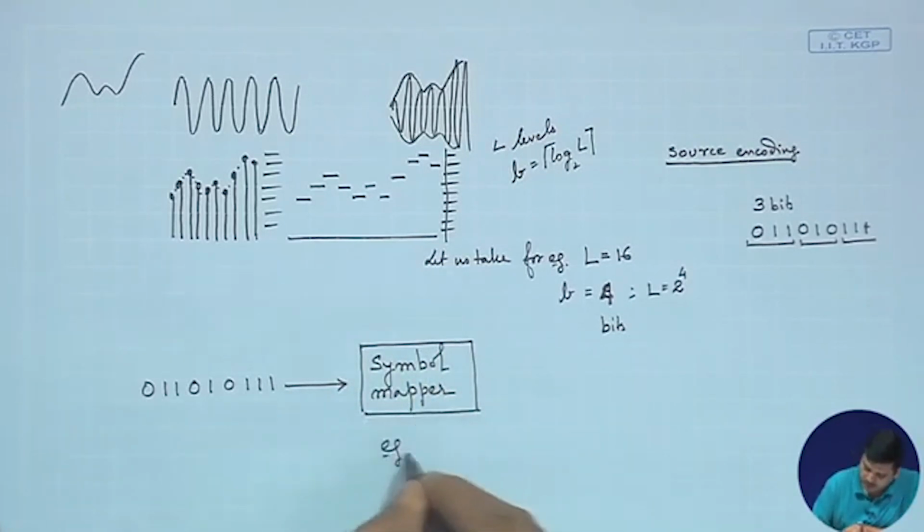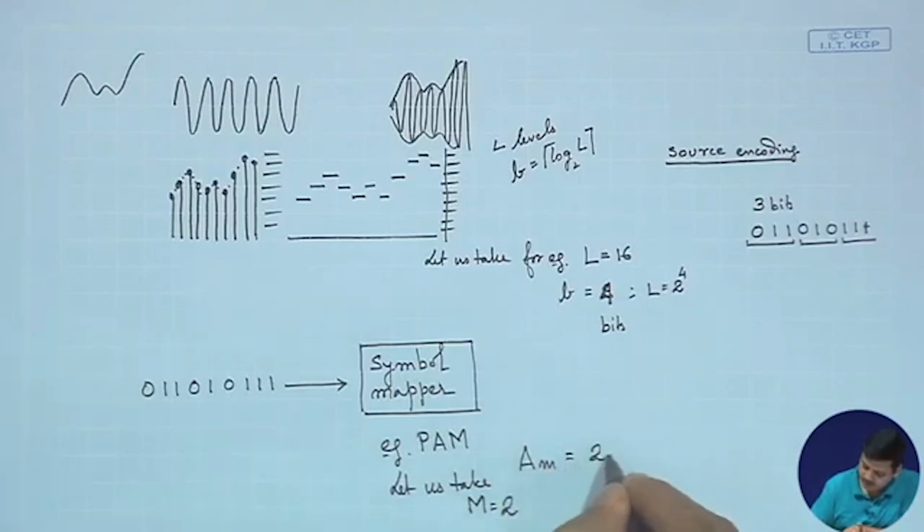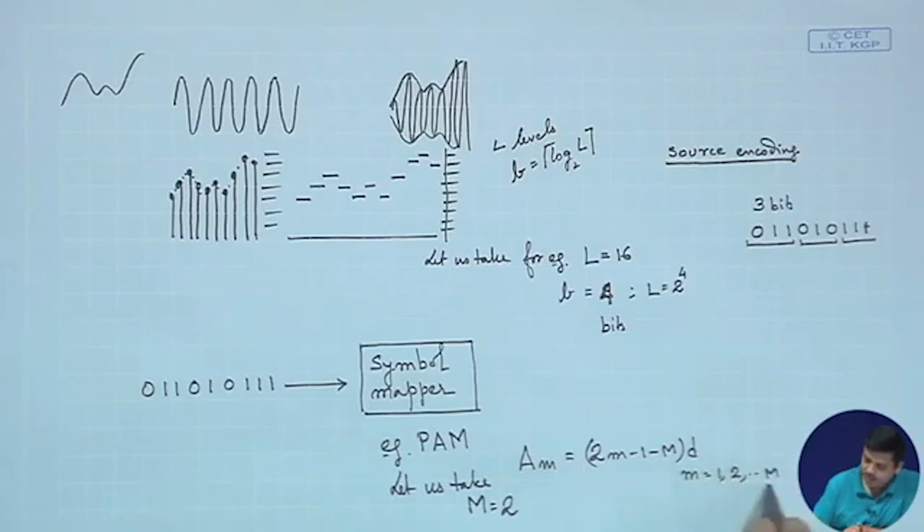So, for example, let us take pulse amplitude modulation, and for simplicity let us take M is equal to 2. Now, if we remember what we discussed, let A_m, that means the amplitudes that we take, be (2m minus 1 minus M) times d, where m is equal to 1, 2 up to capital M. So, here M takes a value of 2, that means m equals 1 and 2.